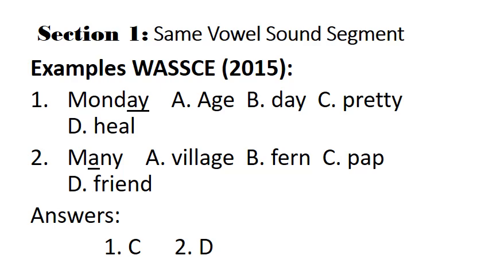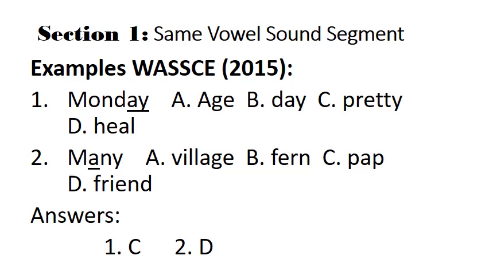For us to be able to get this sound, we need to get the pronunciation right first. So M-O-N-D-A-Y is pronounced Monday. Option A is pronounced age. Option B is pronounced day. Option C is pronounced pretty, while option D is pronounced heel.